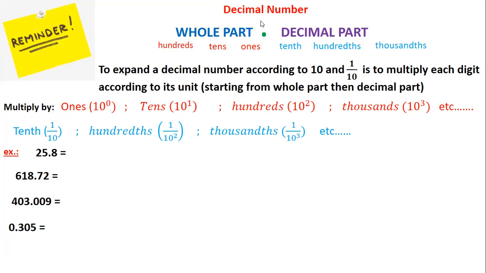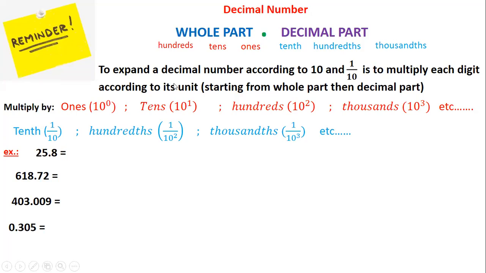The first digit in the whole part is always the ones. Then I move to the tens, then I move to the hundreds. In the decimal part also, if I start from near the point, I have tenths, hundredths, thousandths, etc.